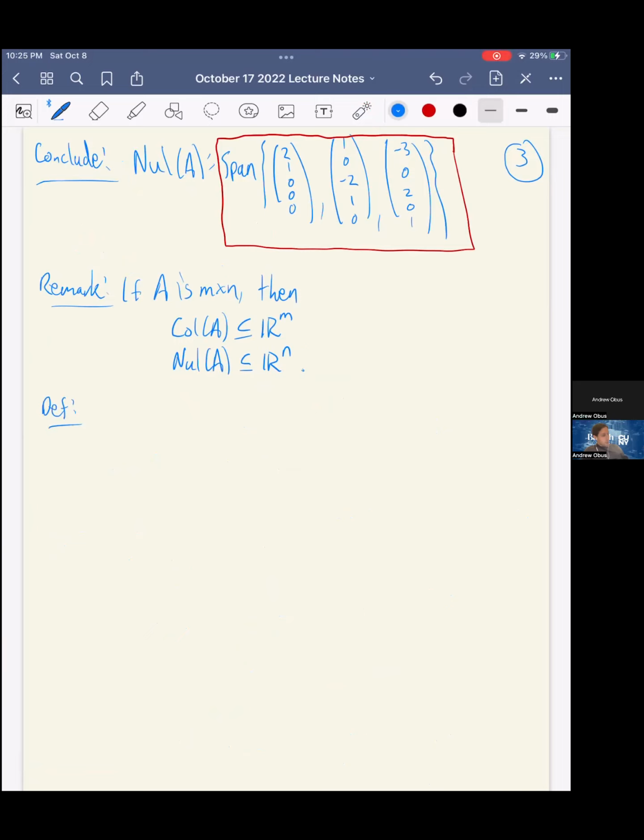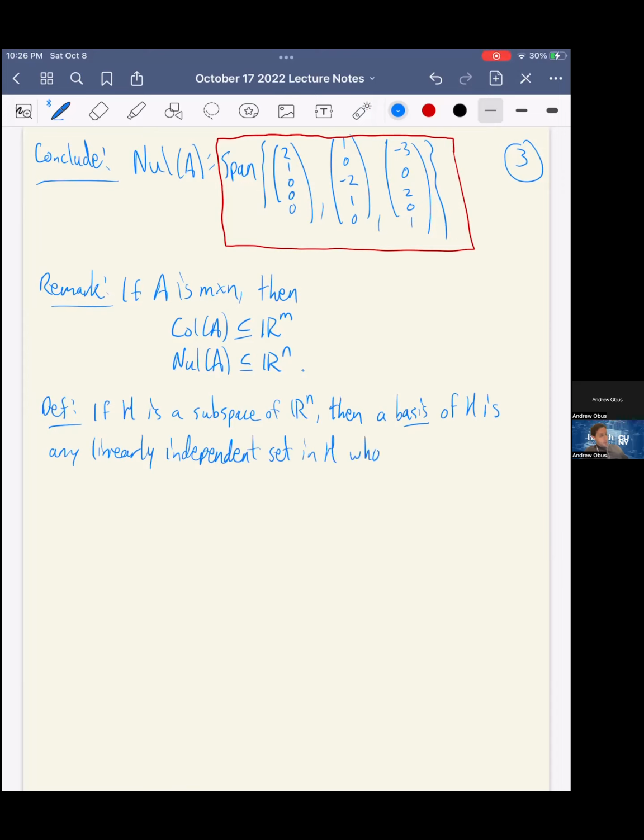Definition: if H is a subspace of Rn, and now this can be any n, then a basis of H is any linearly independent set in H whose span is all of H. Okay, so it has two parts.